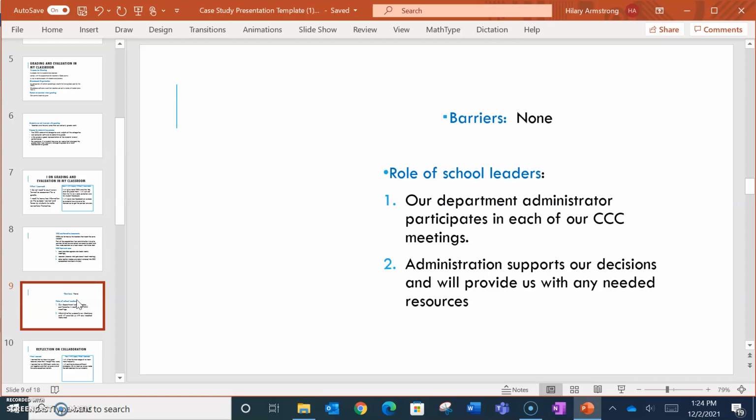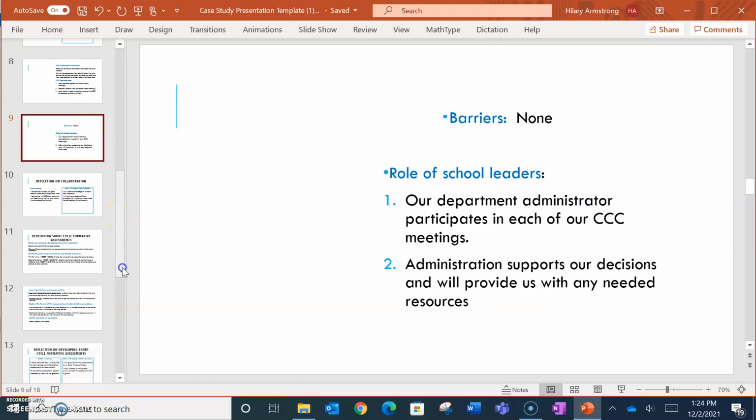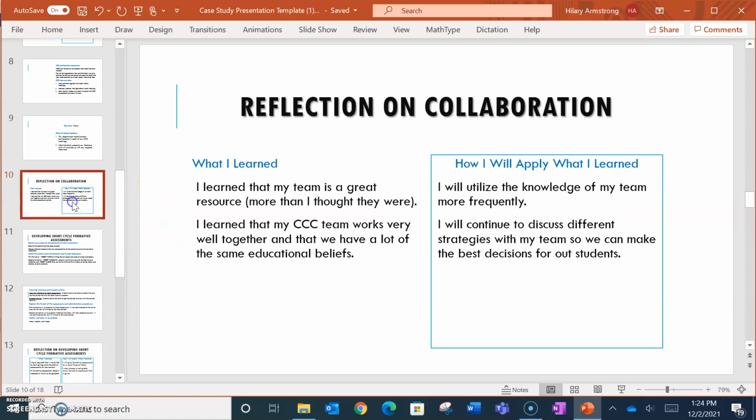He's been present at all of our meetings during this time. If we needed to implement anything, our administration is very supportive and will do whatever they can to make that happen. But we just didn't need anything from our administration for this case study.